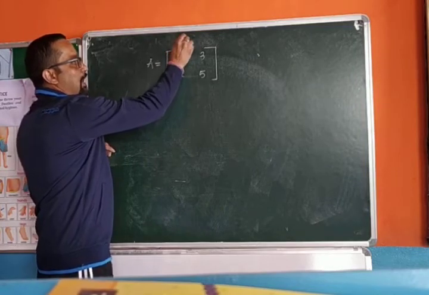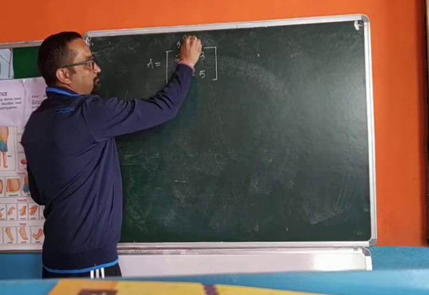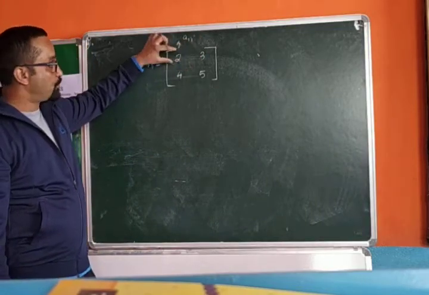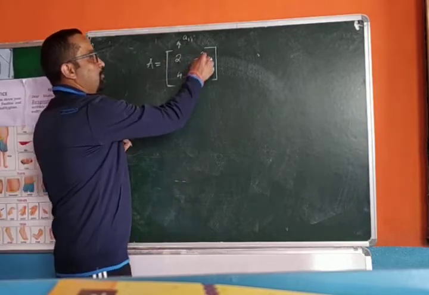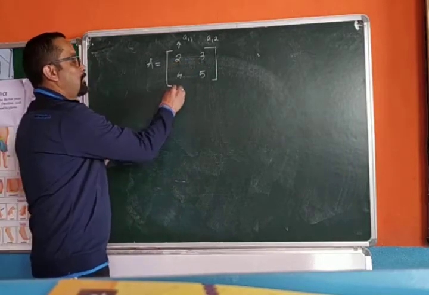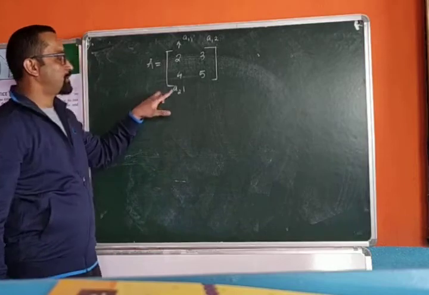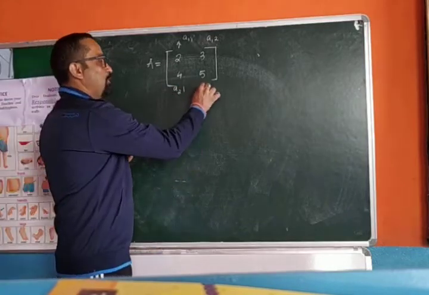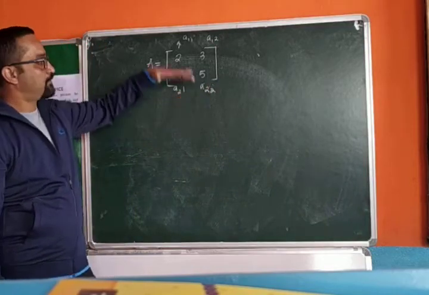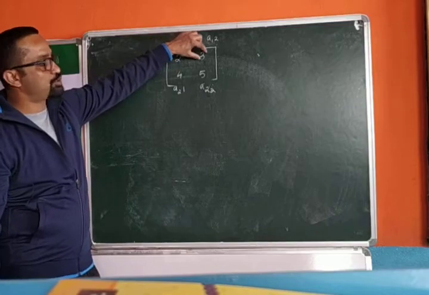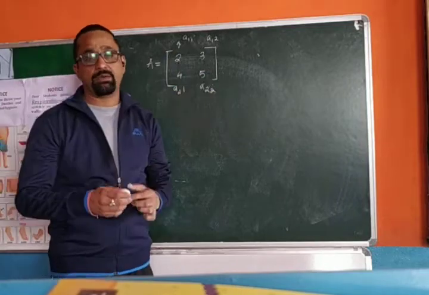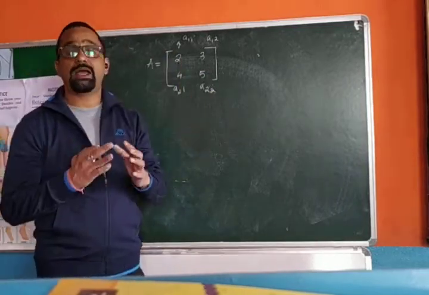This one is written as A1,1, meaning first row, first element. This is called A1,2, first row, second element. This is A2,1, second row, first element. A2,2, second row, second element. This is the representation of a matrix.